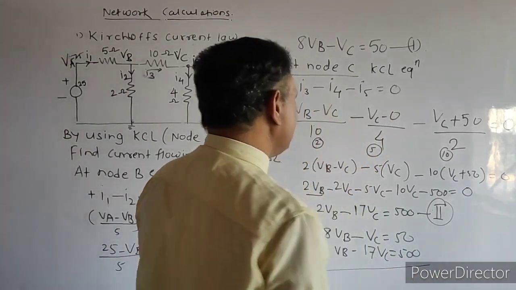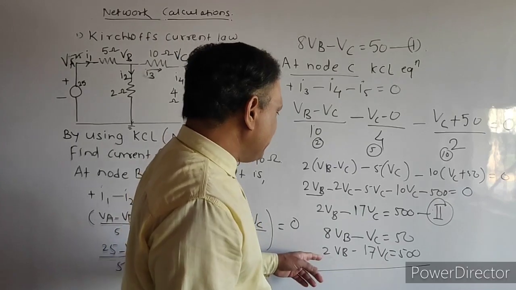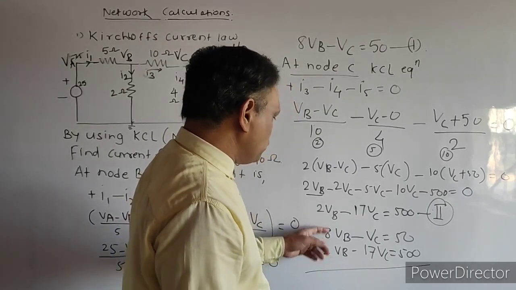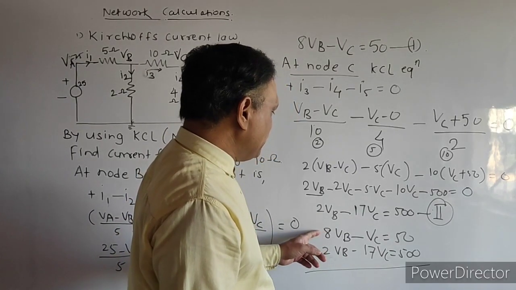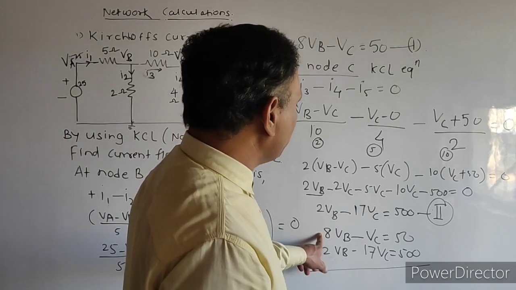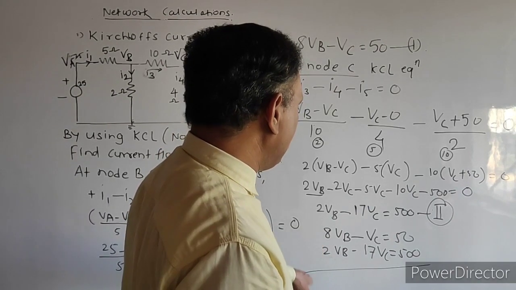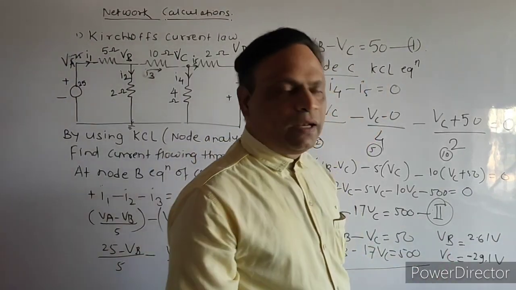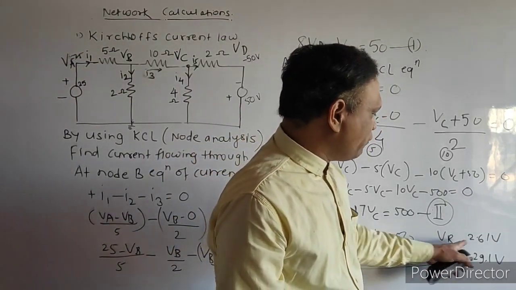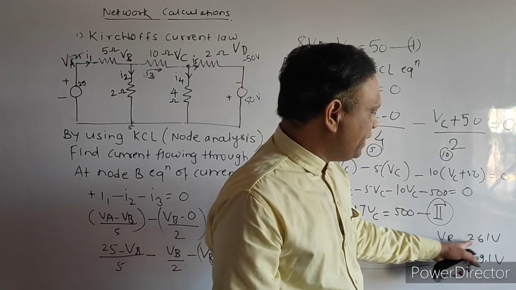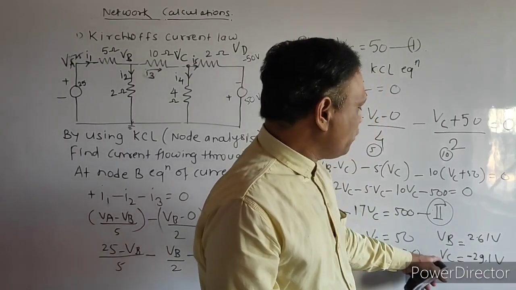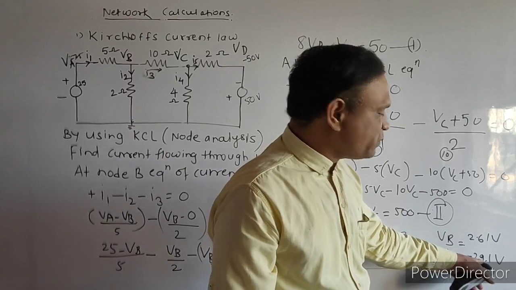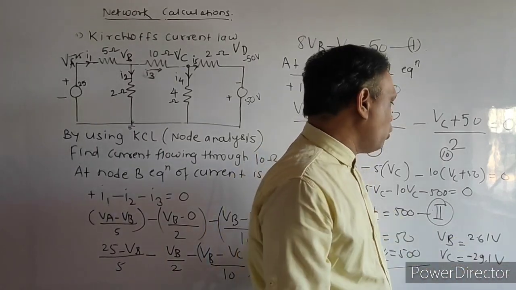By the simultaneous method, the LCM is here 8, so I can multiply here by 1 and here by 4. By solving this with the simultaneous equation method, we get the voltage at point B as 2.61 volt and the voltage at point C as minus 29.1 volts.